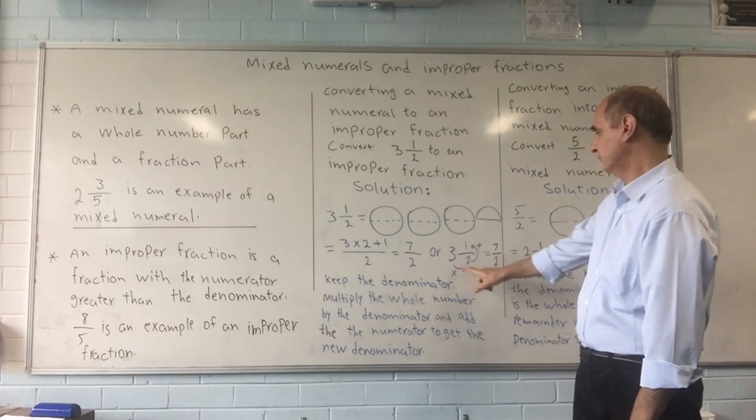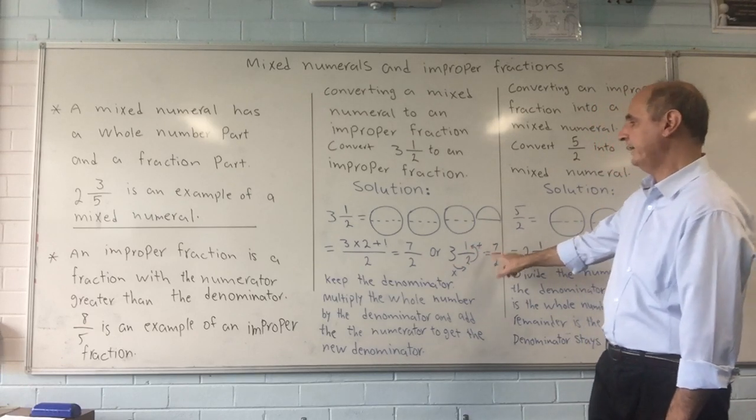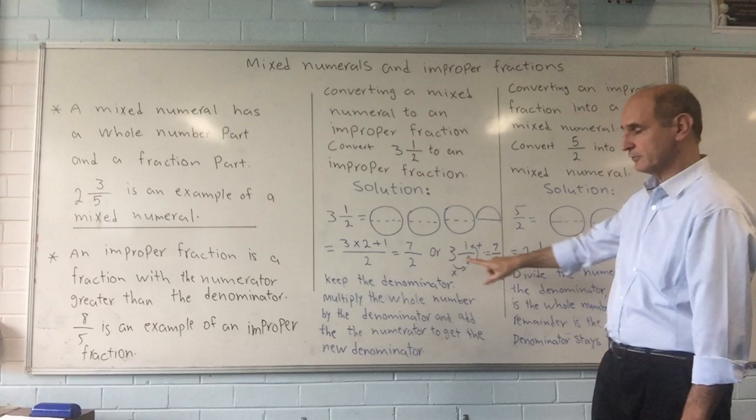And we get 7 over 2, since 3 times 2 plus 1 is 7. And your denominator stays the same, as you can see.